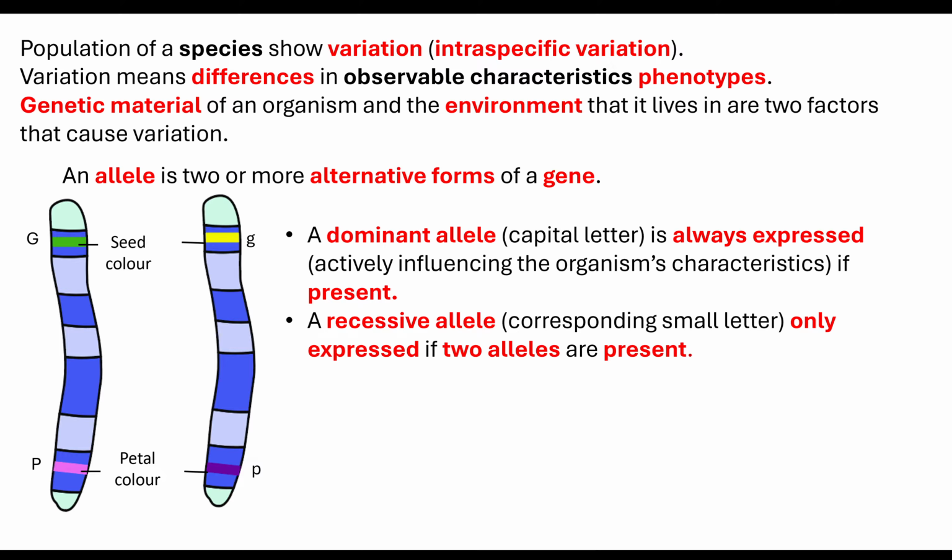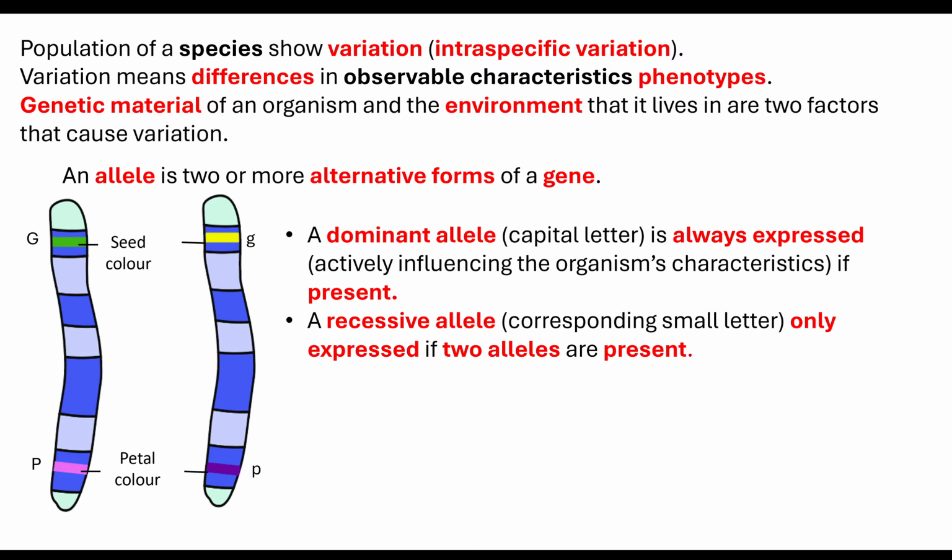So in this case, I've got green and yellow as my seed color. Therefore, I've got a capital G and a small g, because the recessive allele is the corresponding small letter for that dominant allele. And in the exam, they will tell you either which one's dominant, which one's recessive, or they'll indicate that using the genotype.